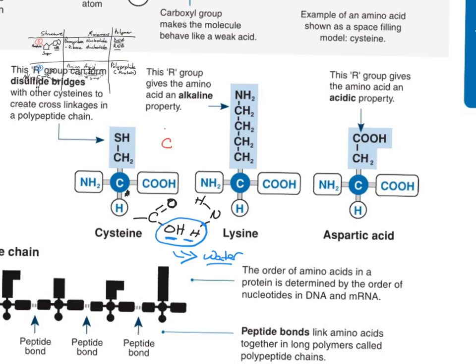So you get C double bond O connected to this one over here again, right? Connected to nitrogen, which has a hydrogen sticking out, which is connected to this carbon here. So now you have a chain. This is called a peptide bond.